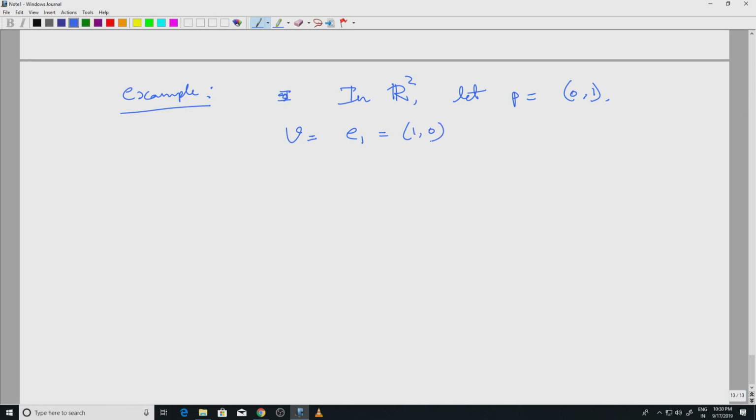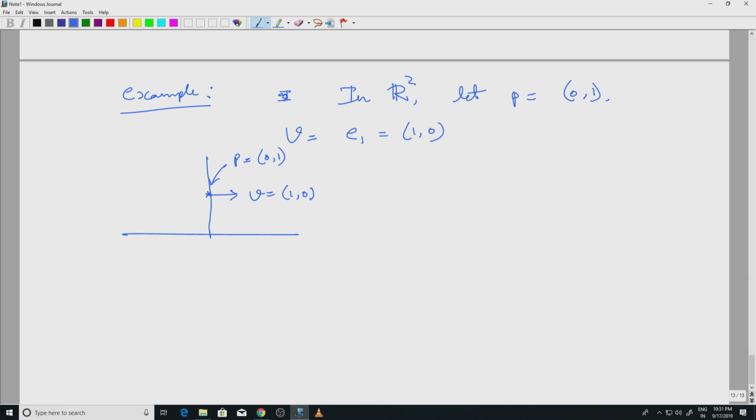So I'm looking at this picture. This point P is (0, 1), and this V is (1, 0).